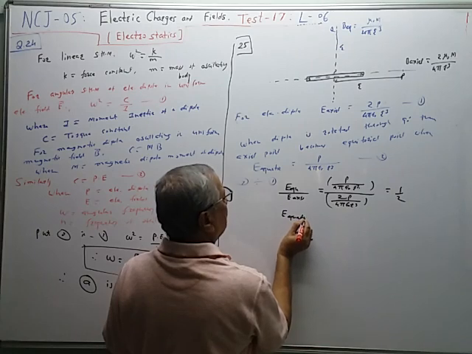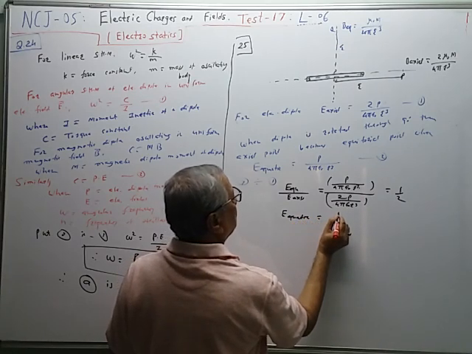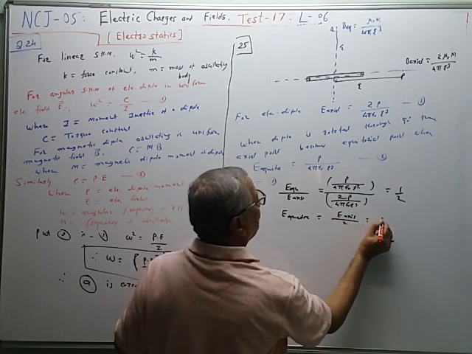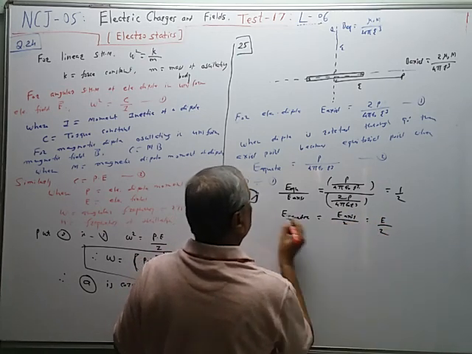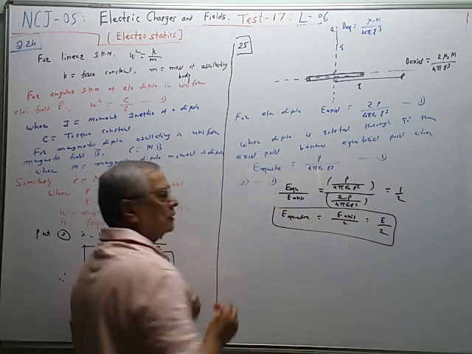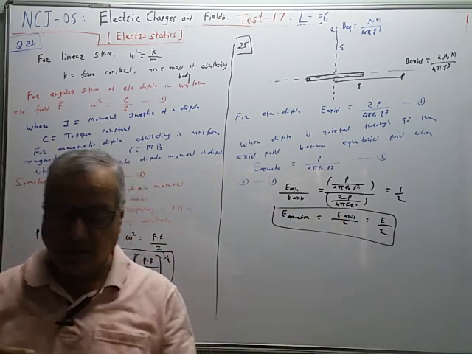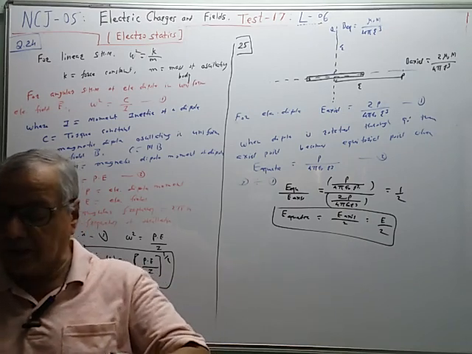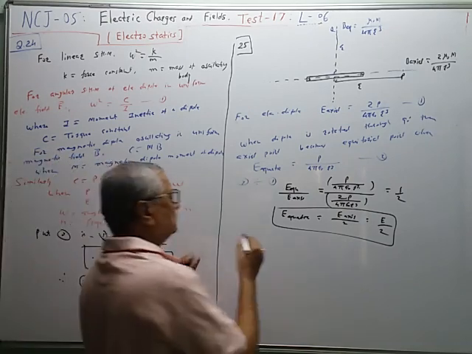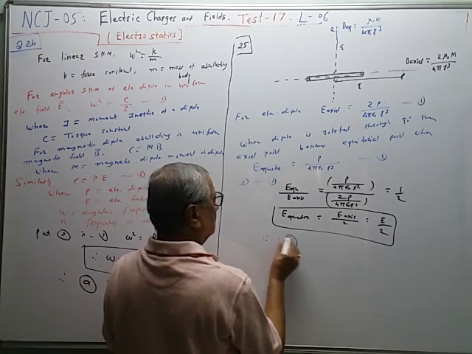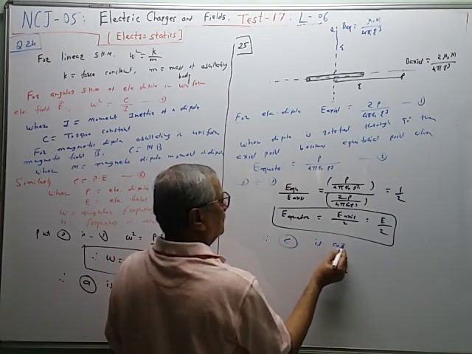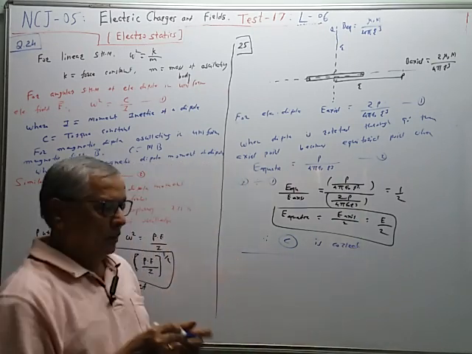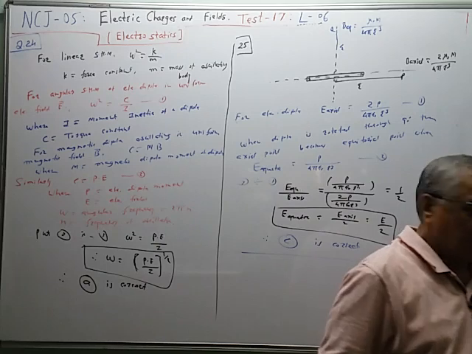So E equator is equal to E axis by 2, that is equal to E by 2. So this is the answer. So electric field will become half. Therefore, the correct choice is C. Therefore, C choice is correct.